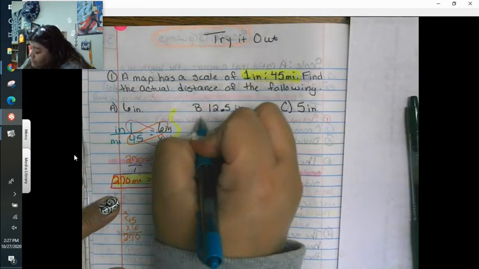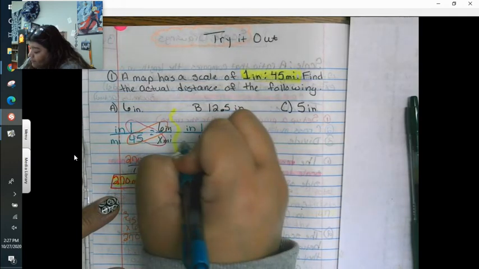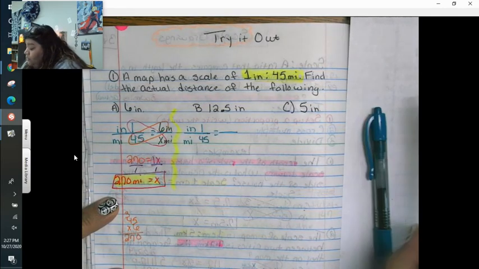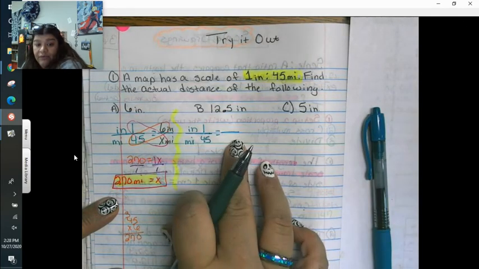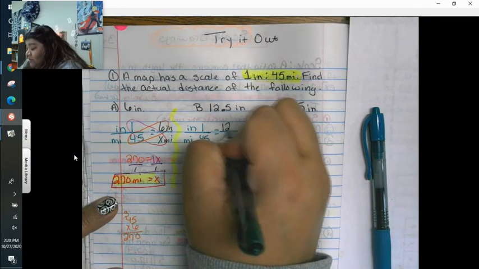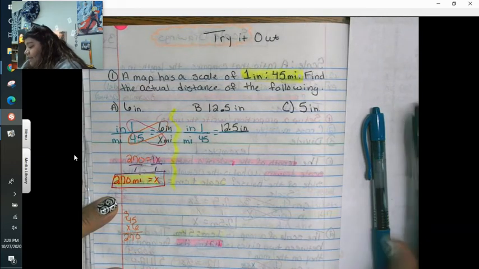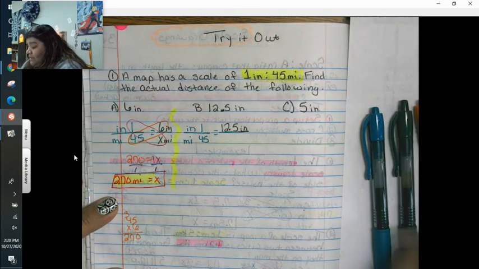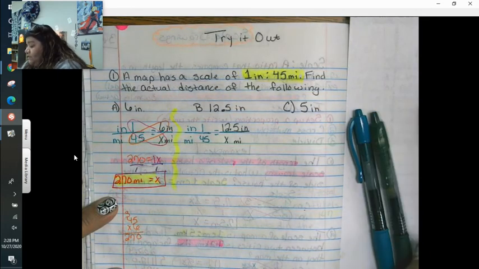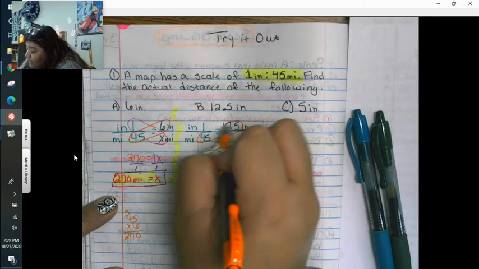Exact same scale. So 1 inch and 45 miles. Okay, that's not changing. Let's go to the 12.5 inches. Just like before, inches are on top, so inches goes on top here. That's why it's so important to put those units down, okay? Take that little extra time to put the units down because it's going to save you in the long run, guys, I promise, okay? Especially when they start getting harder. Let's go ahead and cross multiply here.